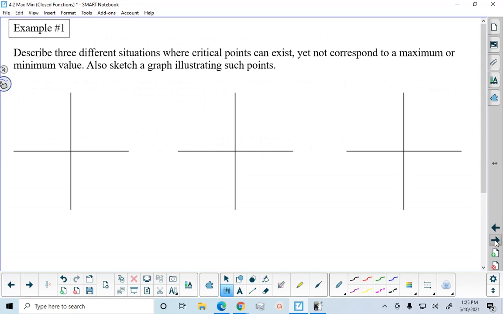All right, let's take a look at example 1. Describe 3 different situations where critical values can exist, yet not correspond to a maximum or a minimum. So I want you to think about this. I want you to see if you can come up with a graph in your mind where at some point the derivative is equal to 0. The slope of the tangent is 0, but it's not a maximum or minimum.